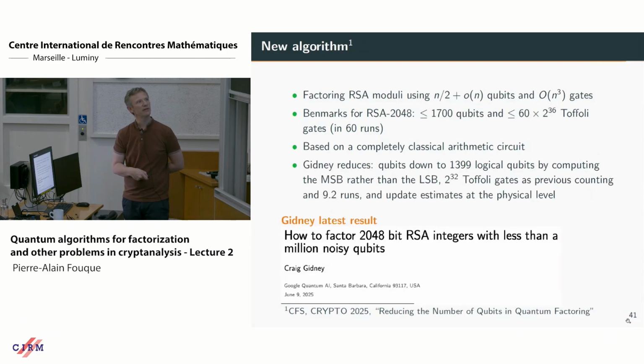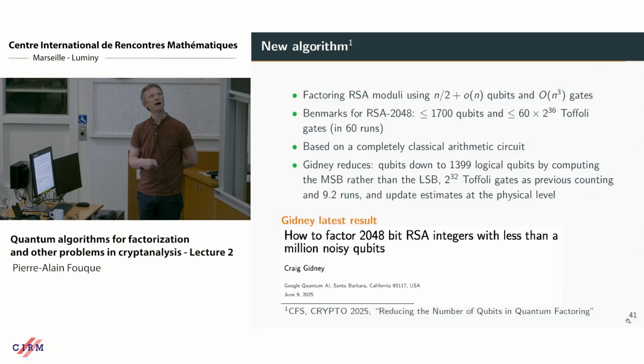And quite recently, 1 month ago, Craig Gidney, in fact, here again improved our result. So he shows that he can reduce the number of logical qubits up to this point. So he saves 300 logical qubits.